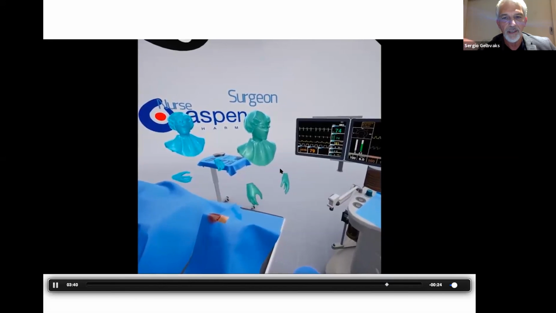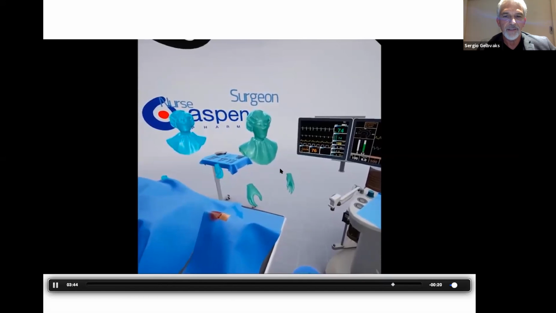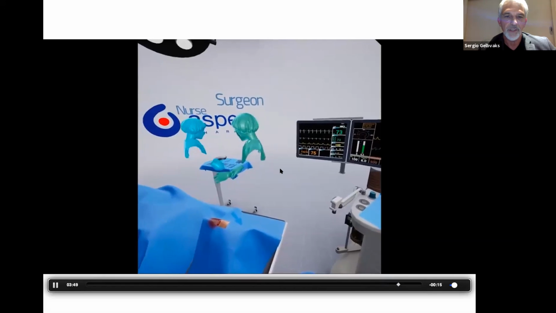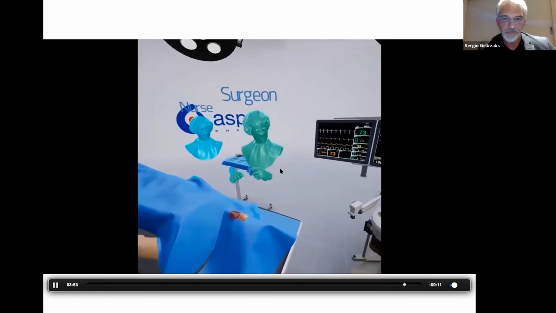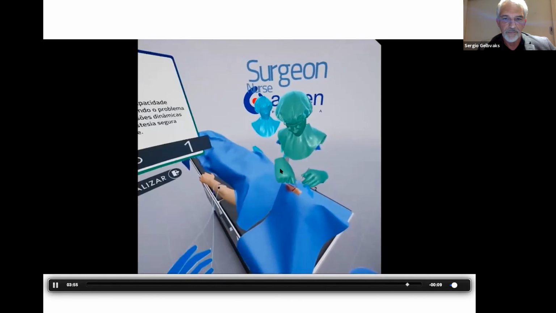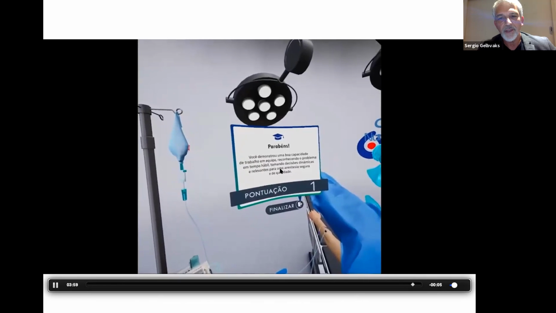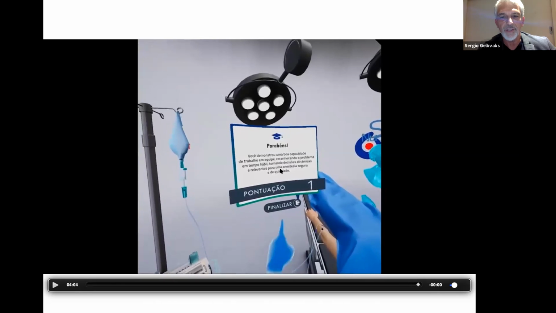So there was a simple conflict, a simple crisis here that the student has to resolve, has to deal with, to manage with the other members of the team. And at the end, the student gets a feedback and the ranking based on their actions during this scenario.